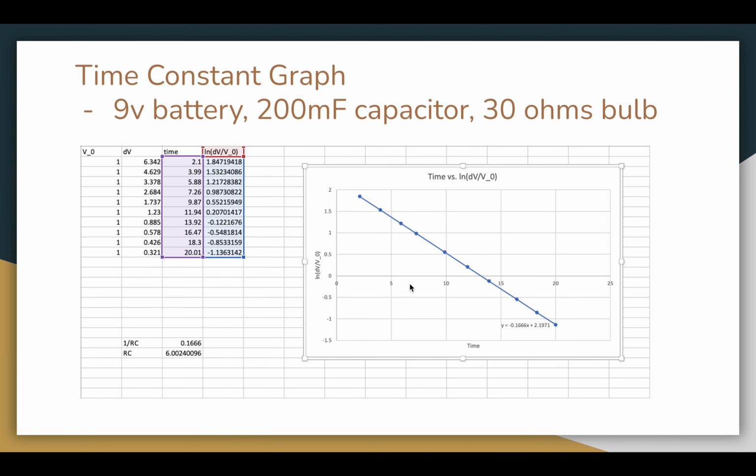And this is what I did, taking 10 data points using the online lab, and I found -1/RC to be -0.16666. And solving for it, I got the time constant to be 0.002. So this is really close to the time constant in the online lab, which will be 0.2 farad times 30 ohms, RC, so that will be 6, so it's really close.